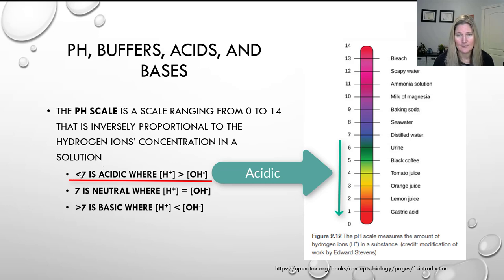Okay, so if it's less than 7 on the pH scale, it's going to be acidic, where we have a higher concentration of hydrogen ions to hydroxyl. Okay, so there's more hydrogen ions present in tomato juice than hydroxyl ions. There's more hydrogen ions present in lemon juice than hydroxyl ions. So these are considered acidic.